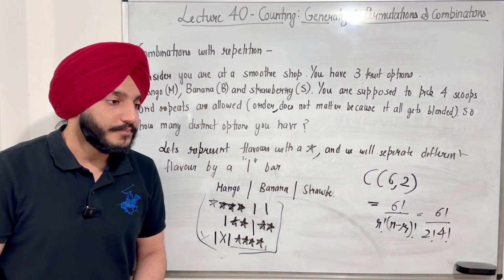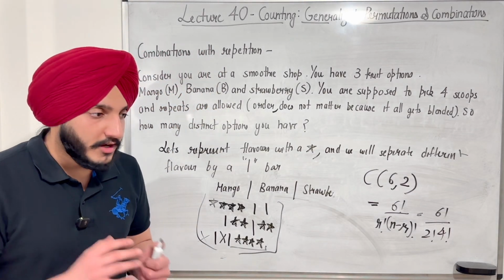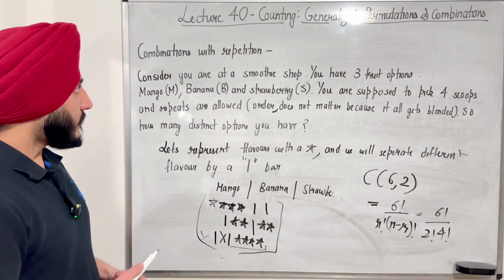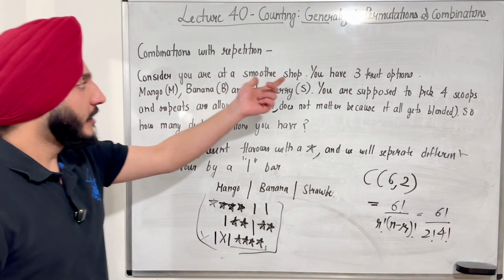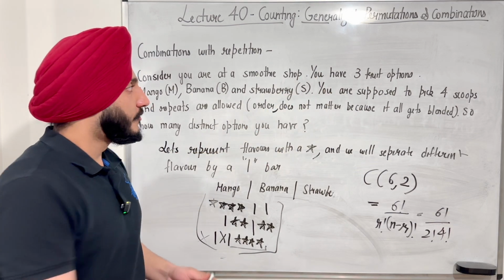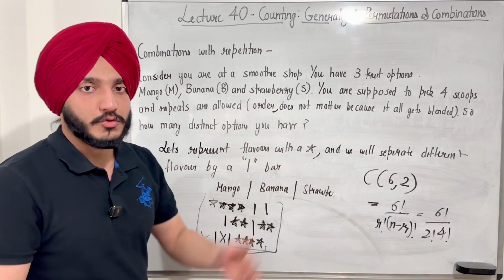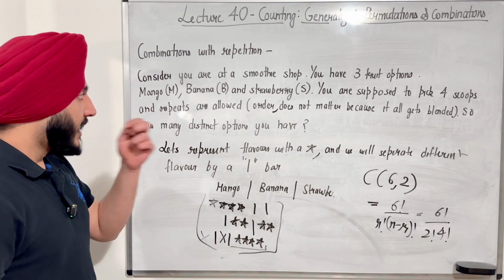Okay. Now, I know this is getting very tricky, but let me quickly summarize this question. You're going to a smoothie shop. You have 3 fruit options: mango, banana, strawberry. You're supposed to pick 4 scoops, and repeats are allowed.